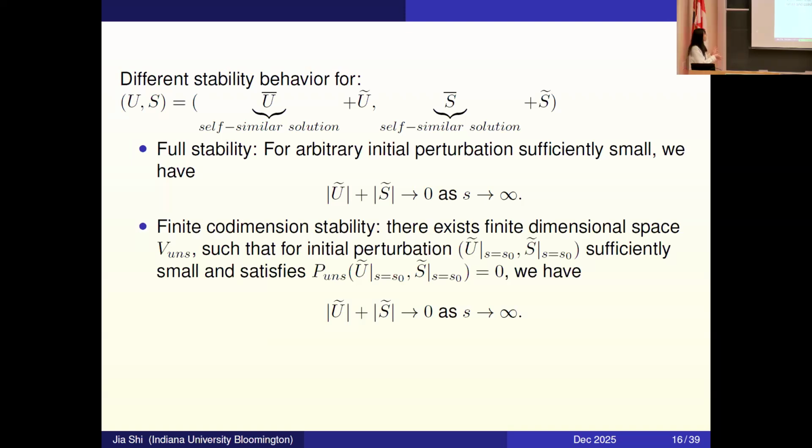The results that we got in the literature here are all finite codimension stability. There may exist a finite number of dimensions that are unstable, and only when your initial perturbation is sufficiently small and also some projection to the unstable modes is equal to 0, the perturbation tends to 0 as time tends to infinity. So you allow finite dimensions that are unstable, but you modulate them out.